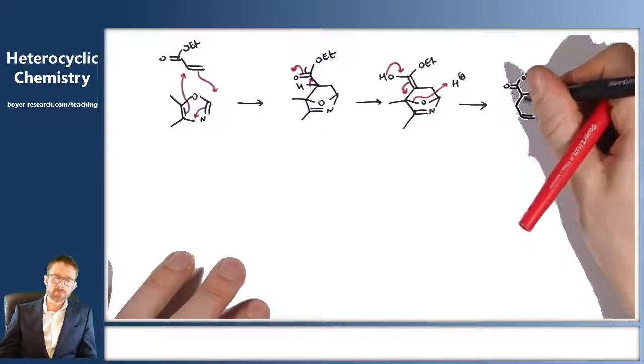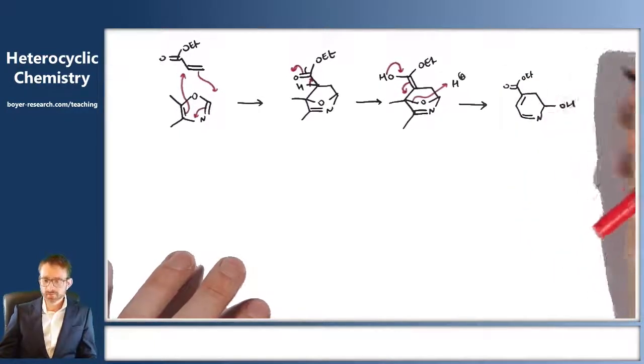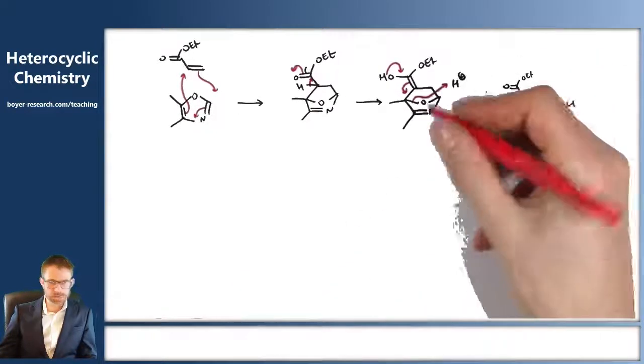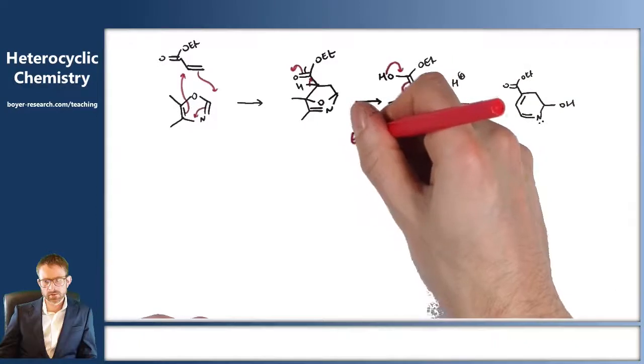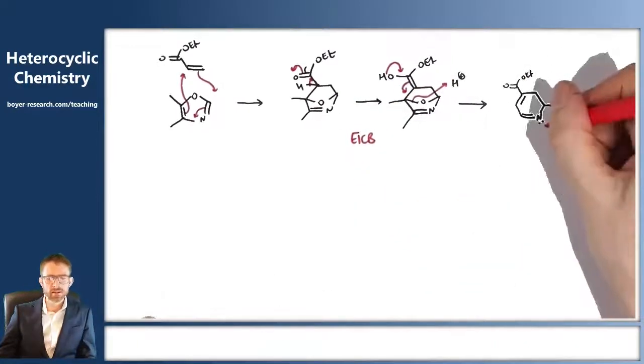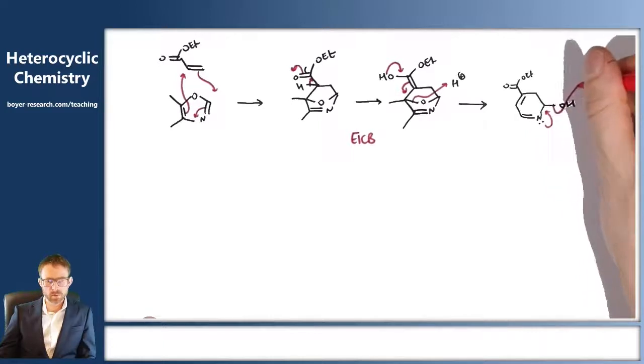Now this molecule has that OH, which looks like a good leaving group. And so we can use the nitrogen lone pair to help that OH leave as water.